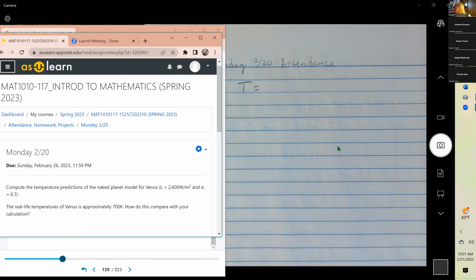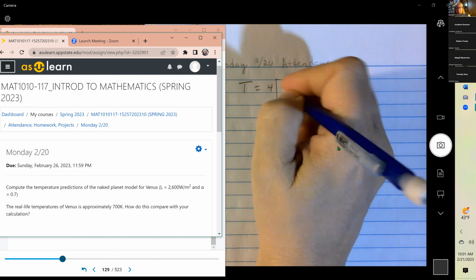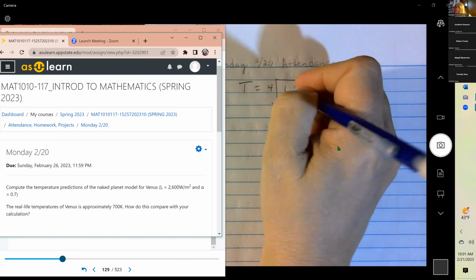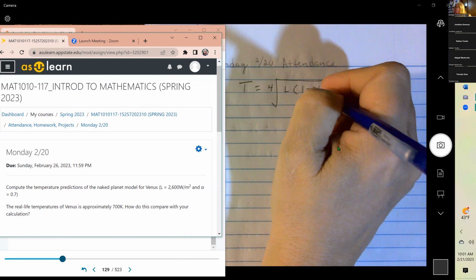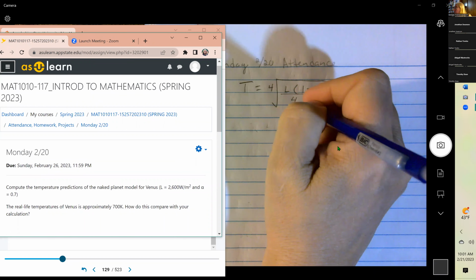I have most of the formulas there, and it's the fourth root of L(1 minus alpha), and then divided by 4 sigma.